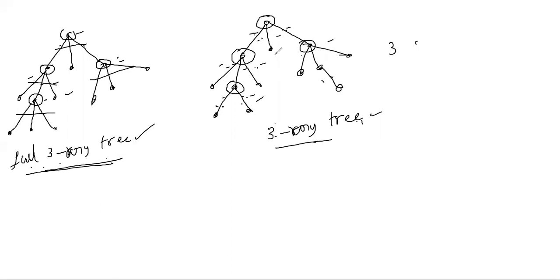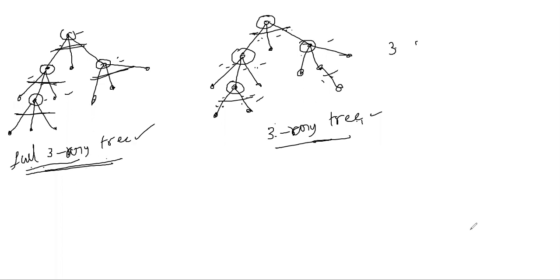Three array tree means not more than three children: three have, two have, one have. Maximum is three children, three array tree. If each internal vertex has three, three, three, three children, it is called a full three array tree.